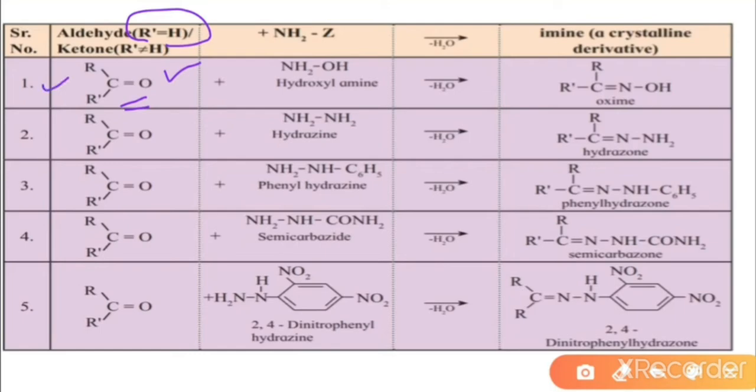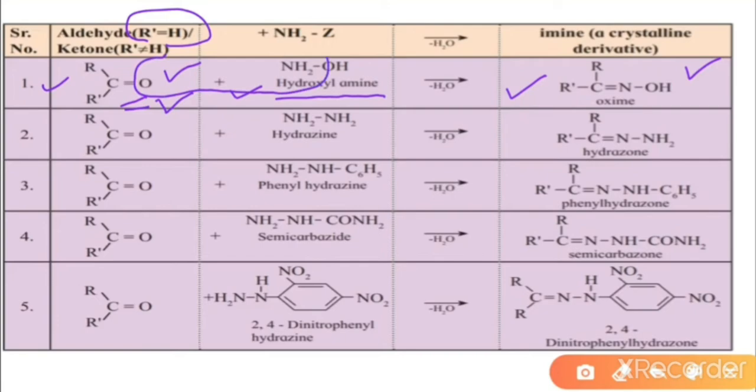So let us consider the reaction when aldehyde or ketone is treated with hydroxylamine. It gives the corresponding oxime. When it is ketone, ketoxime is obtained. If the compound is aldehyde treated with hydroxylamine, it gives aldoxime.